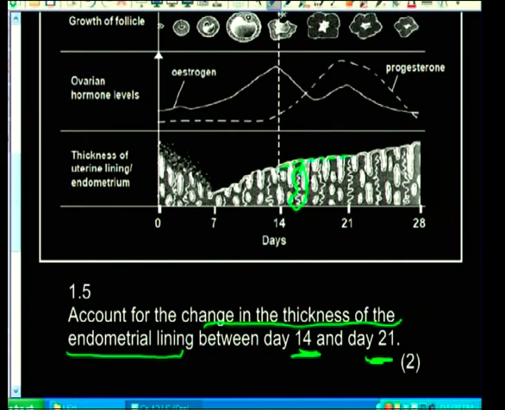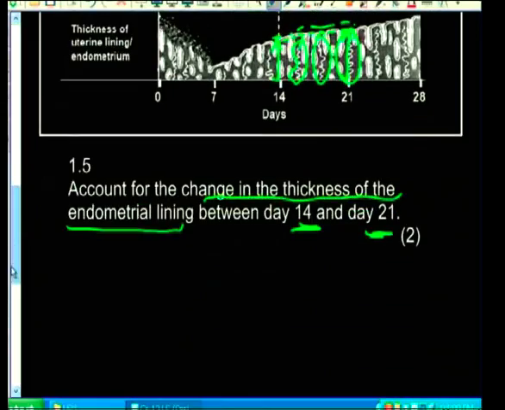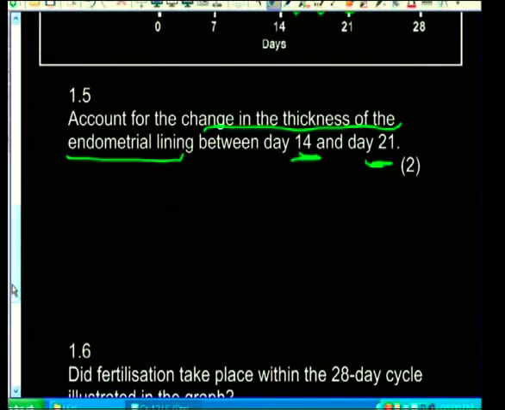You see these little lines here. Look at those lines. Right? That's one. And at the same time, look at the width here from there to there, and look at the width from there to there. Obviously, you don't need to be a scientist to see that it has become wider or thicker in this case, sorry. Right. They want to know account for the change.